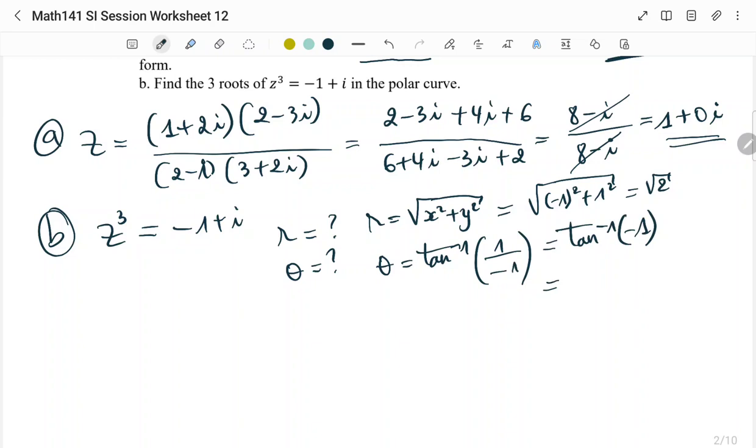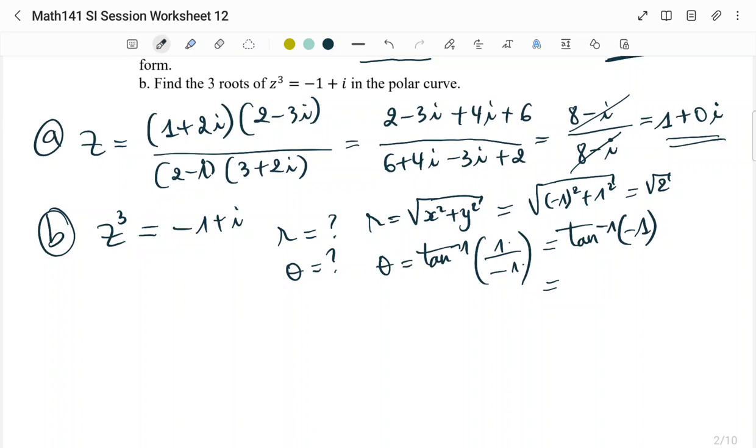Well, what's the angle for which the sine is positive? Because as you can see, the numerator is positive here. The sine is positive and the cosine is negative, and it has a tan of negative 1. So that angle has to be in the second quadrant, based on the signs of the sine and the cosine, and it has to be some sort of multiple of pi over 4, because we know in the first quadrant tan of pi over 4 is equal to 1.